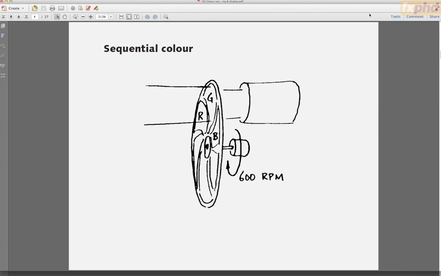And now, one way to get color is the old-fashioned sequential color way that allows you to use one panel instead of three. So one DLP chip, and the technique is not useful for LCDs, basically. And I'm showing this as if there's a spinning filter wheel. There is actually a spinning filter wheel on many of these devices, but there's now the capability with LED illumination in projectors to flash the LEDs red, green, blue.